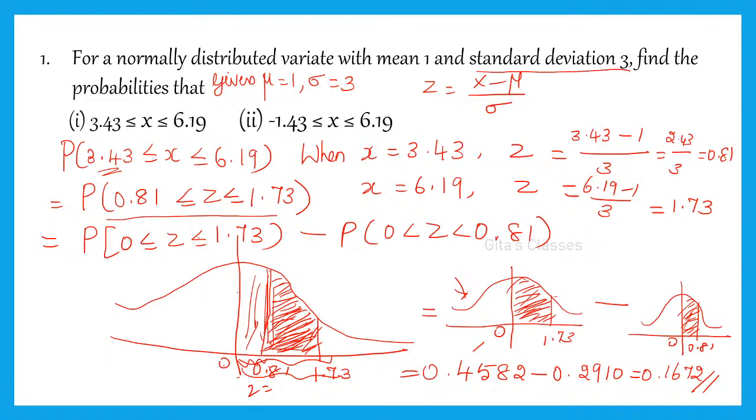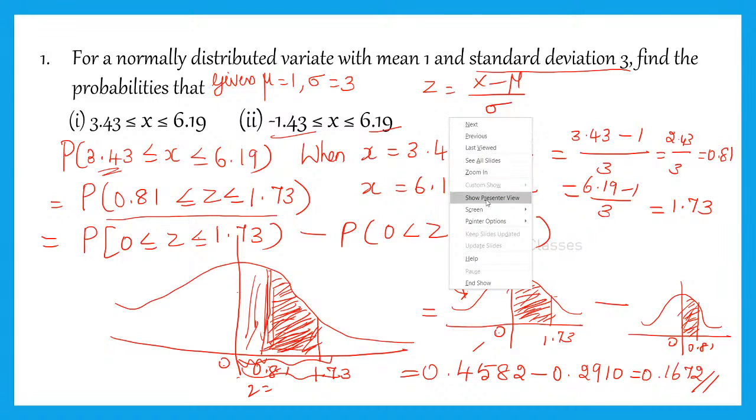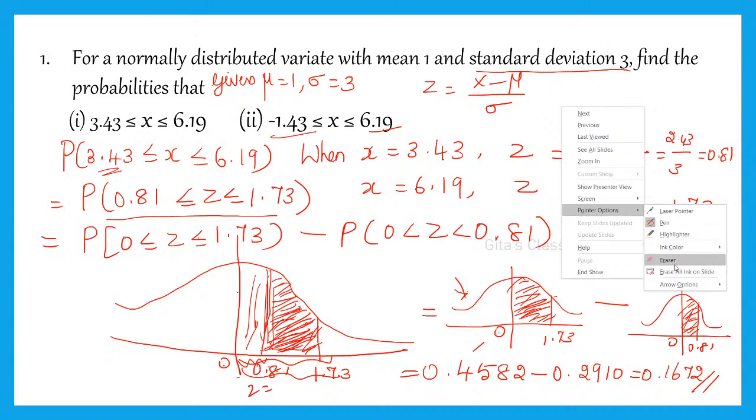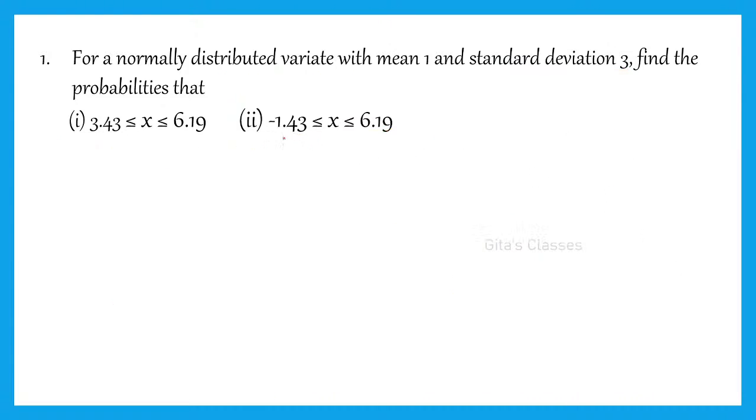Can you find out the second one? Minus 1.43. First you can copy this and try minus 1.43 and 6.19. Second one: when x is equal to minus 1.43, find out the z value.